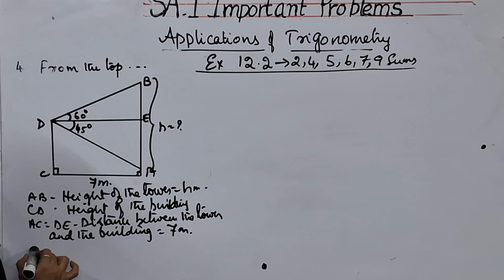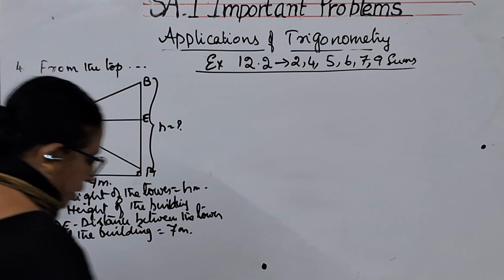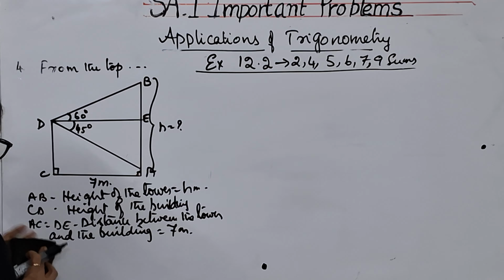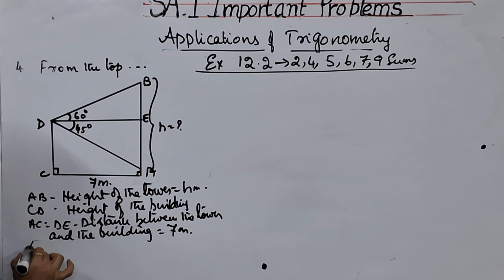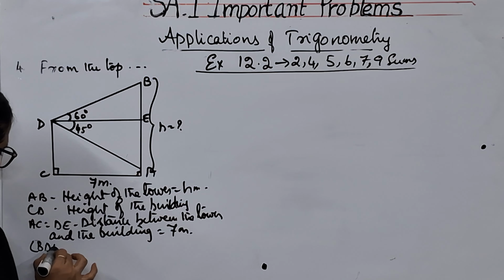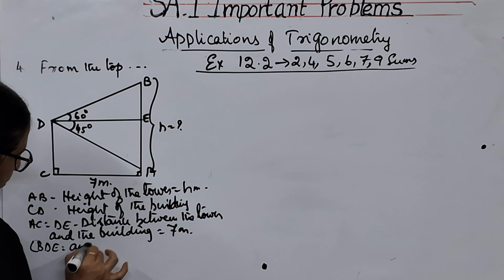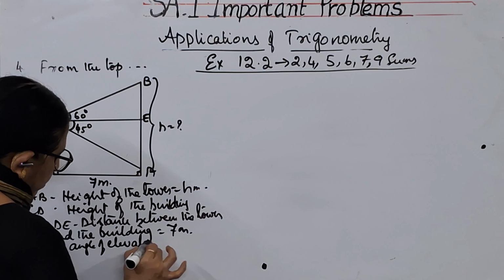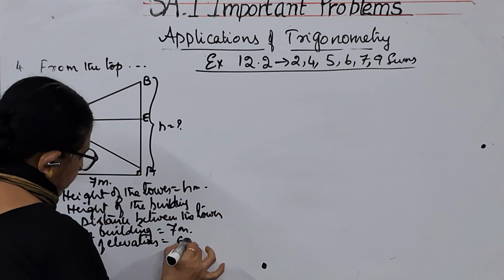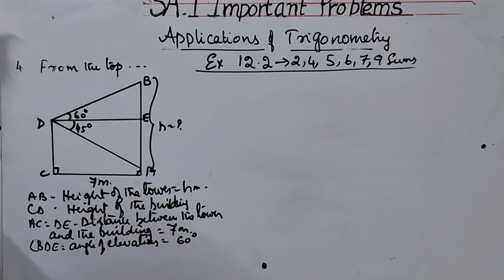And angle BDE is the angle of elevation. This is given as 60 degrees.